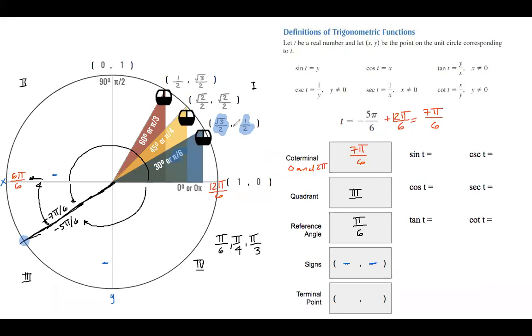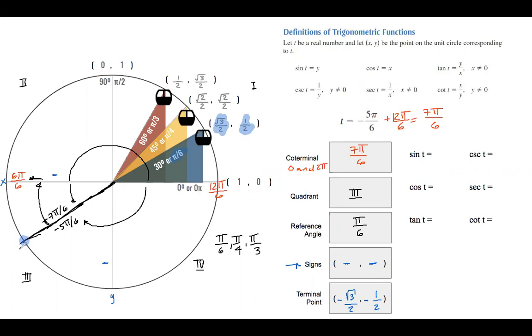In this case, we're going to use the values as they are, square root of 3 over 2 and 1/2. Then we're going to use the signs that we already know from the previous field. Both are going to be negative. That's the terminal point of this angle.